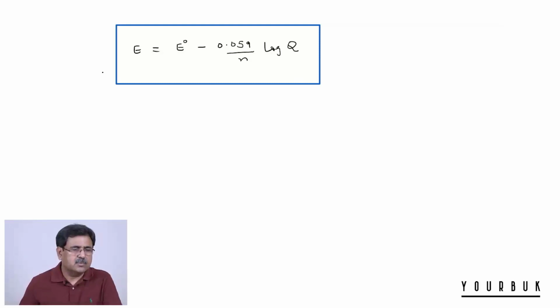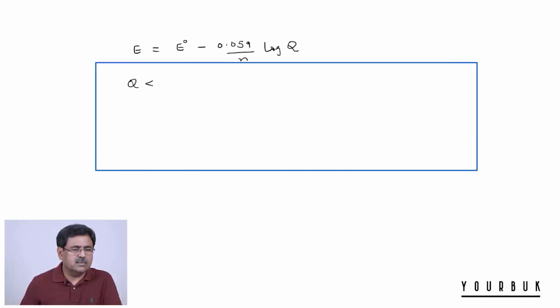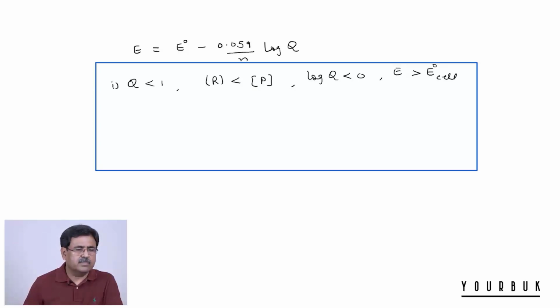Now, in this equation, Q stands for the concentration quotient, and if Q is less than 1, it means the reactant's concentration is less than the product's concentration. It means log Q is less than 0 and E will be greater than E degree cell. So, this is our case number 1.